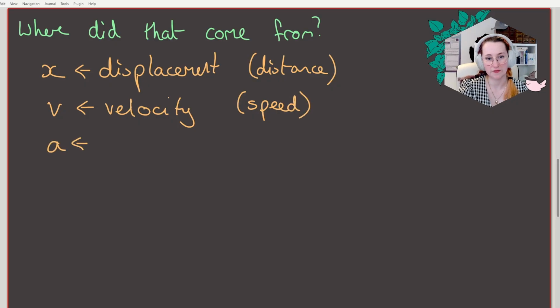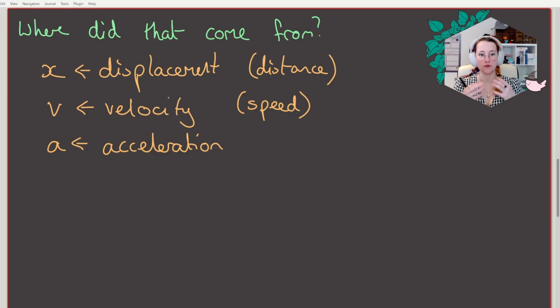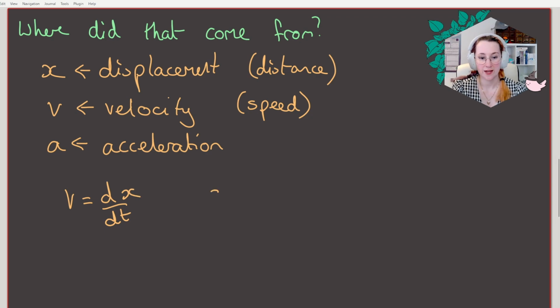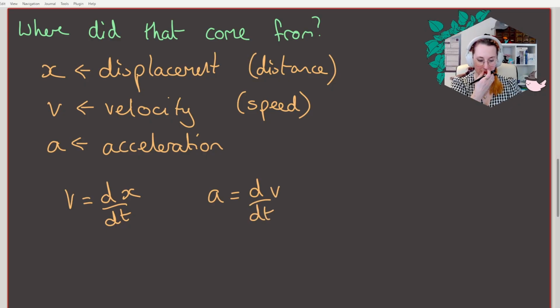Then velocity is the rate of change of displacement, so velocity is the derivative with respect to time of displacement. And acceleration is the rate of change of velocity, so d/dt of v.